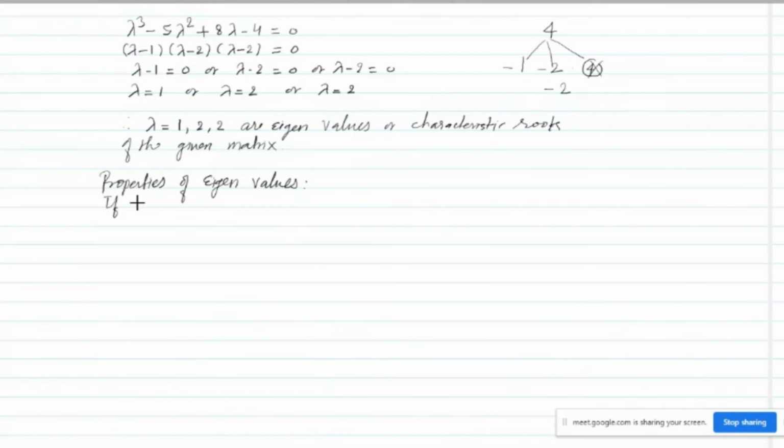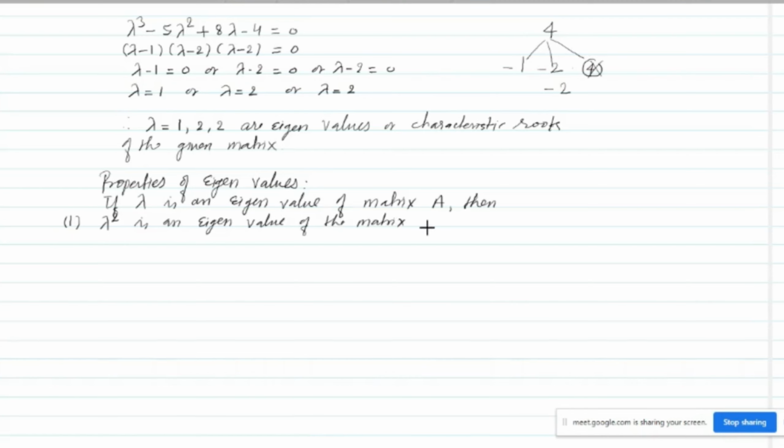First write down: if lambda is an eigenvalue of matrix A, then number one, lambda square is an eigenvalue of the matrix A square.